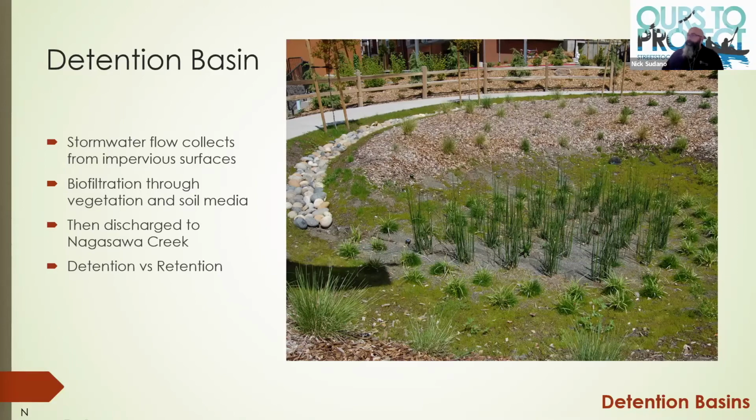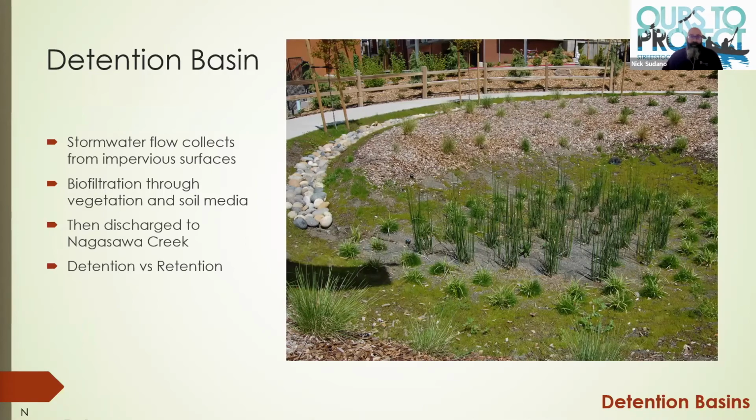Just understanding your features. Aaron's right that vegetative features all are going to have similar maintenance requirements. They might have some slight nuances depending on what they're intended to do. But even on the detention basin here, just knowing the difference between detention and retention.